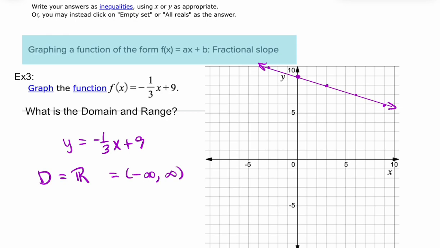So you always want to think of range as low to high, the heights of the graph. So in this particular one, our range is also all real numbers, or negative infinity to positive infinity. Now remember, these are the set of x's, these are the set of y's. Note the difference.